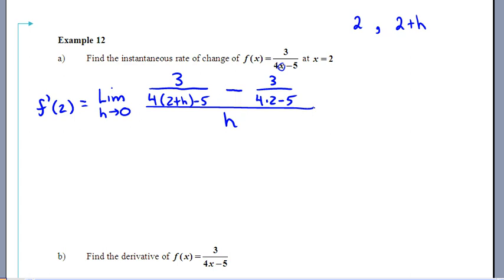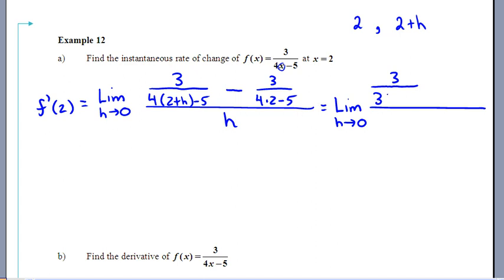Ooh, that's a bit messy. Let's see if we can tidy this up a little bit. I'll work to the right. This first fraction, got a fraction inside the fraction. It's a mess. 4 times 2 is going to be 8. Take away 5 is a 3.